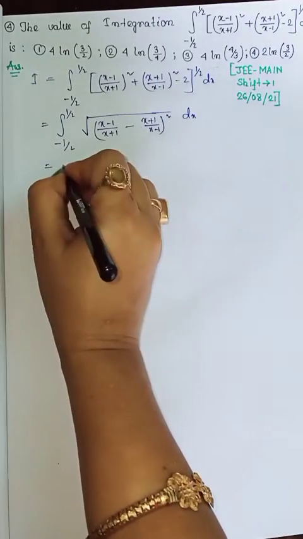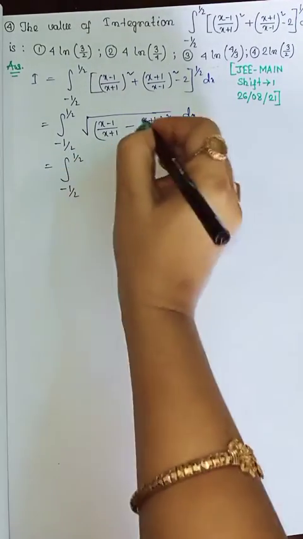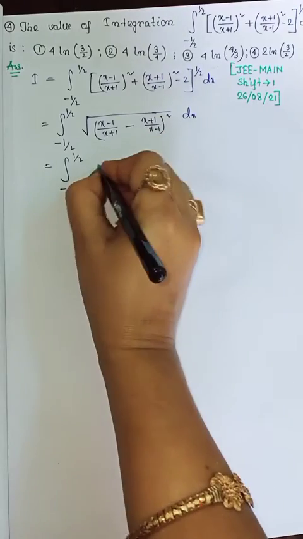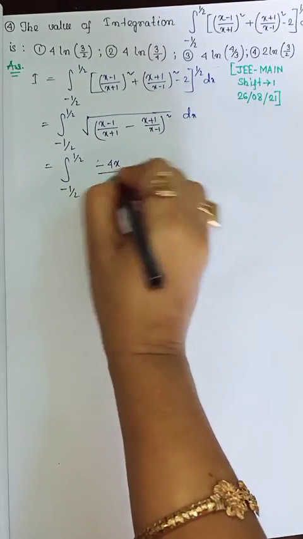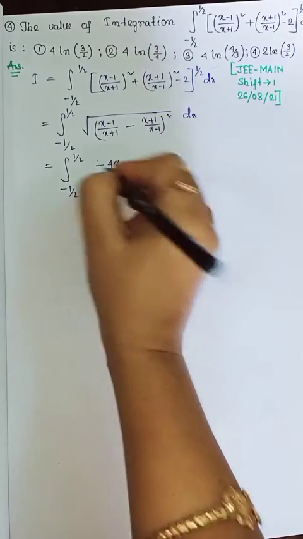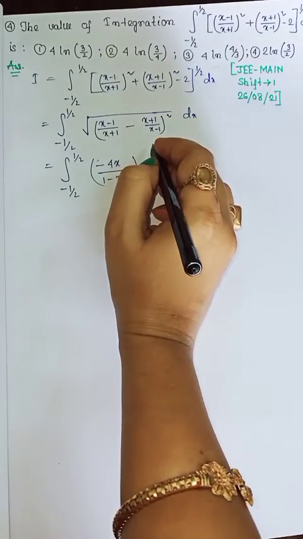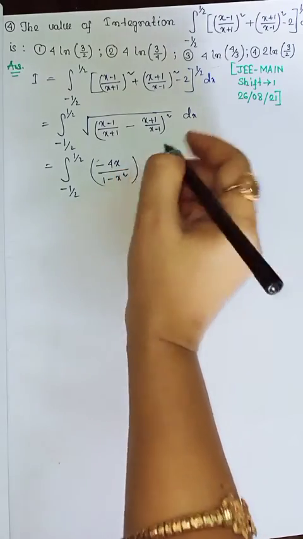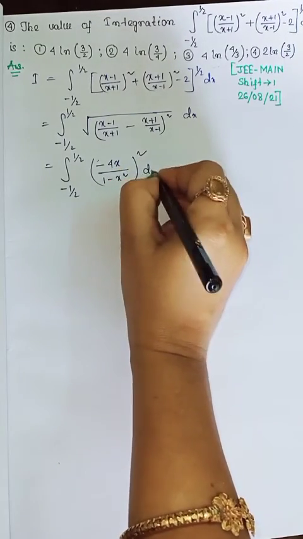Simplifying again, we get minus 4x by 1 minus x square, so it is 1 minus x square minus 1, that is, 1 minus x square, whole square dx.